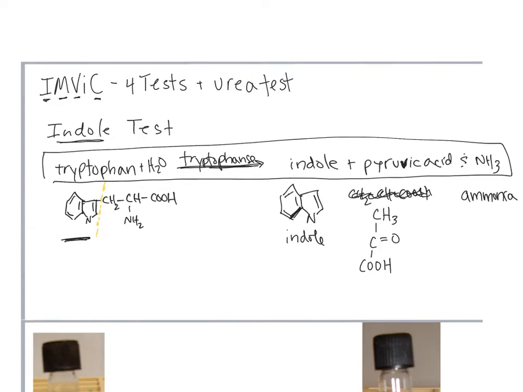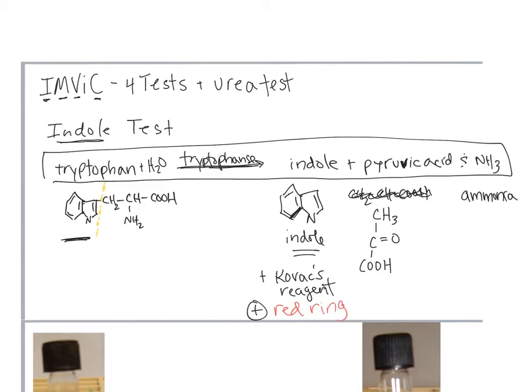Okay. What we test for is actually the indole. We have a reagent that we're going to add here. It's called Kovacs reagent. You can come in and add that after it's incubated, and what we're looking for as a positive result here is a nice red ring.